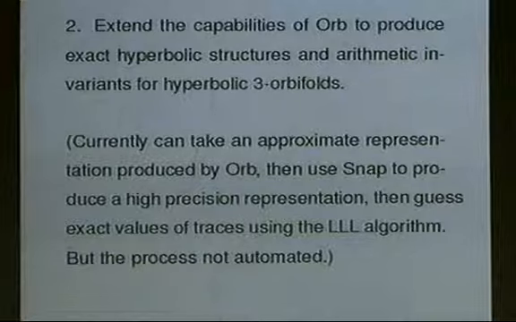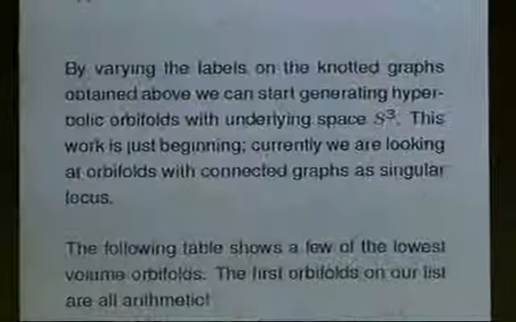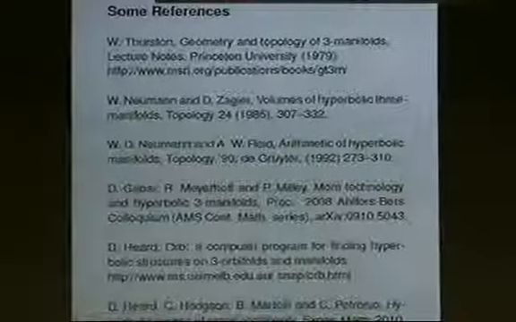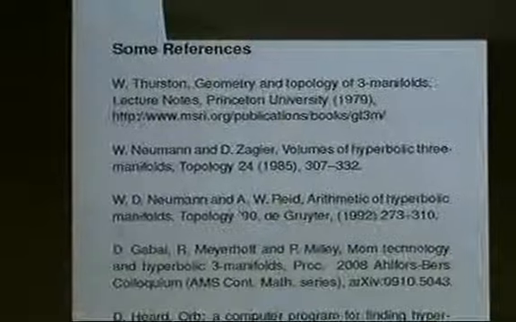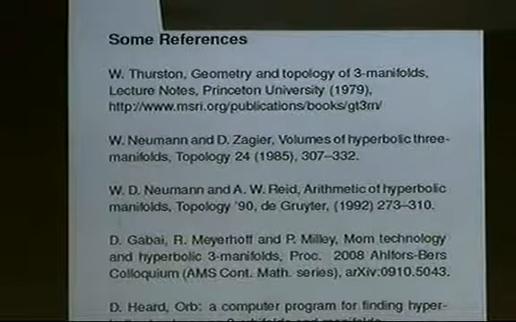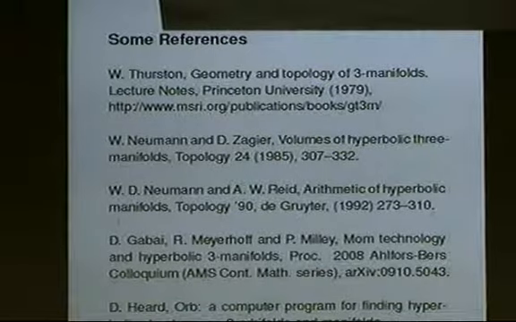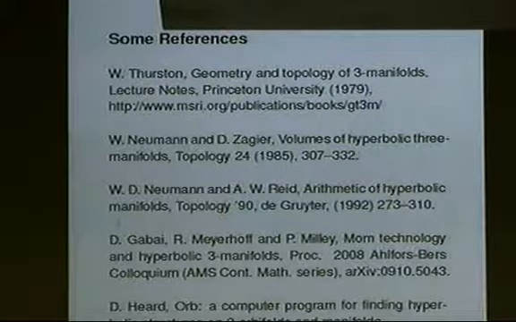Okay. So let's see. Let me just go back. A few references for the sorts of things I'm talking about today. First of all, the original reference is Thurston's Princeton University notes. There's also this very nice paper of Neumann and Zagier looking at volumes of hyperbolic three-manifolds.